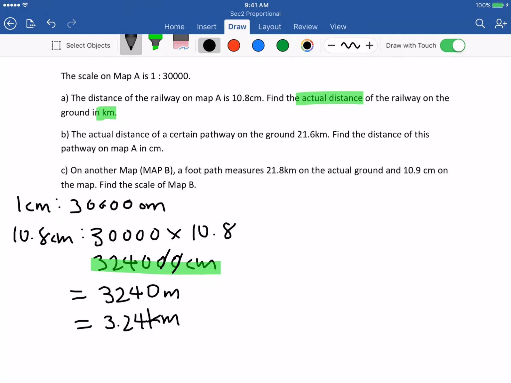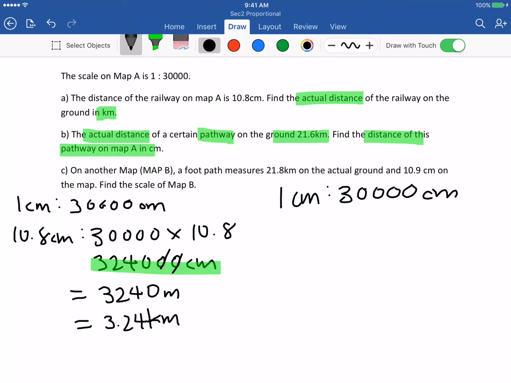Next one, we write it out first. The actual distance of a certain pathway on the ground is 21.6 km. Find the distance of the pathway on the map in terms of cm. Same thing, write out the scale first. 1 cm is to 30,000 cm.